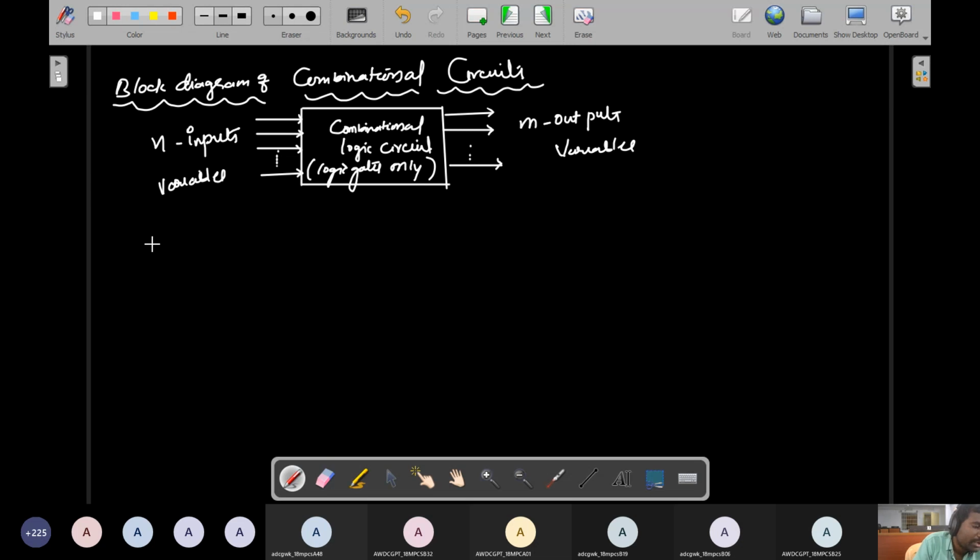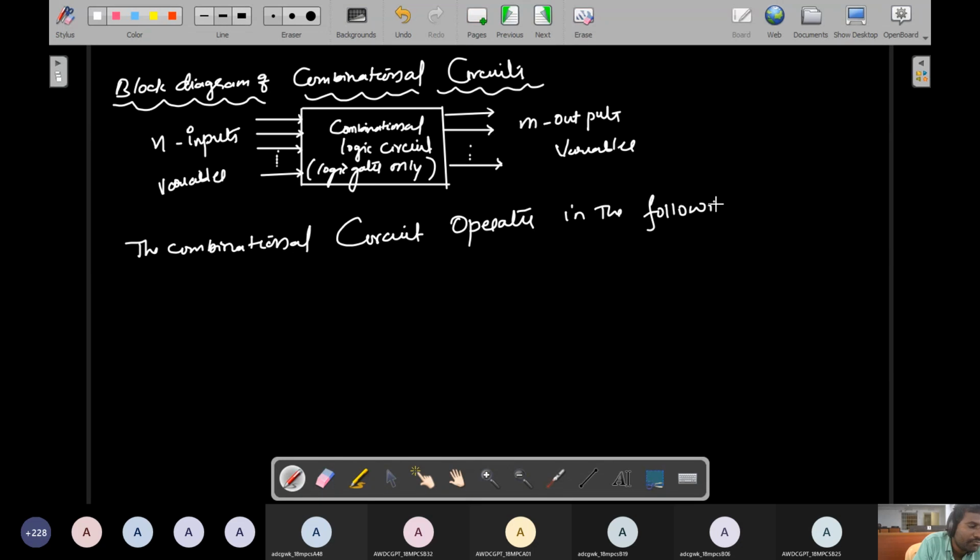A combinational circuit operates in the following way. First, it accepts n different inputs.